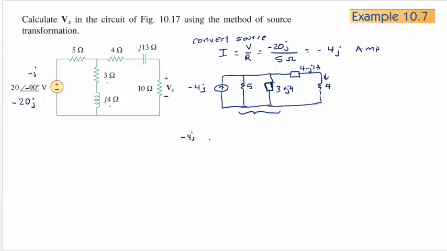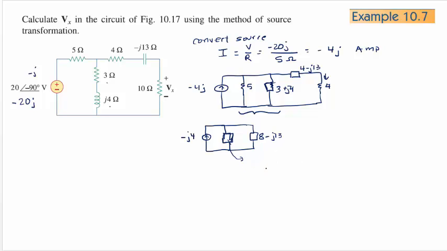I will then have a minus j4 current right here, and I'm going to combine down to one impedance block there. And over here I can combine it into one impedance block as well: add these two together, and I get 8 minus j13 over here. So that impedance block is found.